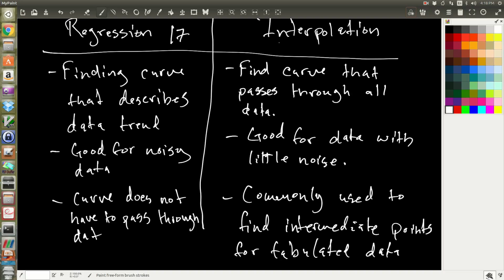So 17, and I think 18 is interpolation. Let me just check here. Yeah, 18. Yeah, chapter 18. That's in the Chapra-Canale numerical methods for engineers. I can't remember the title right off the top of my head.